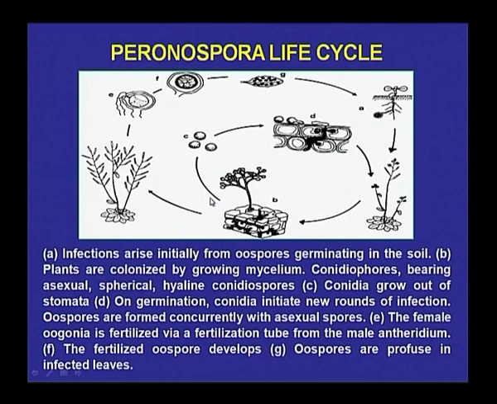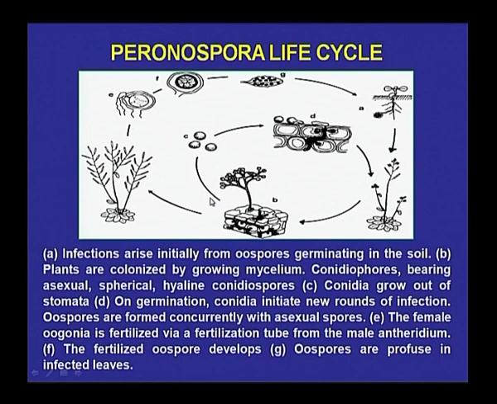Conidiophores bear asexual, spherical, hyaline conidiospores, and these conidia grow out of stomata. Here you see it is growing out of stomata. On germination, conidia initiate new rounds of infection, and this type of asexual reproduction is seen.